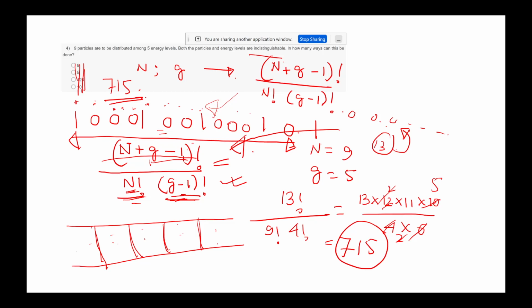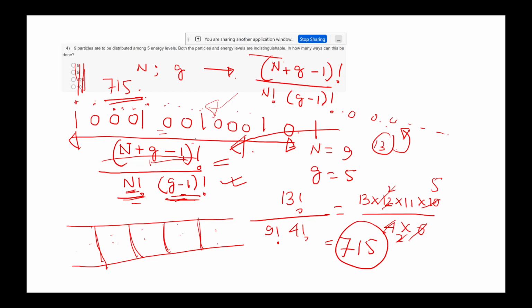So after counting the number of partitions and the number of particles, the total number of objects will be n plus G minus 1, and those n plus G minus 1 objects have to be distributed to n plus G minus 1 positions, and these objects are distinguishable. How many ways can we distribute?